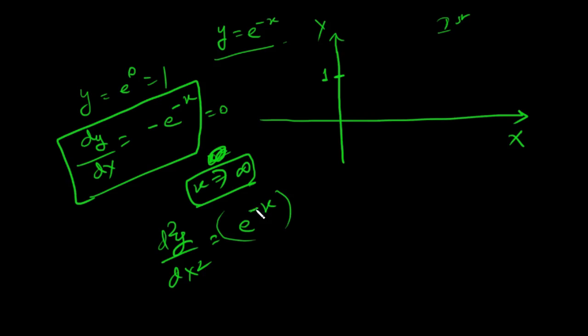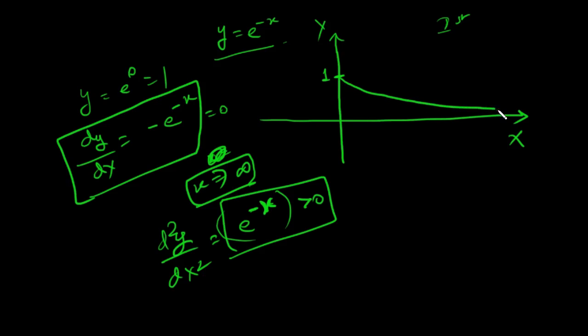Since e to the power minus x is always greater than 0, at infinity it will be 0, but it is always greater than 0, and dy by dx is 0 at x equal to infinity. This means that the curve will be down sloping and will reach a minimum at infinity. So the curve would be like this, a never ending curve trying to reach infinity.